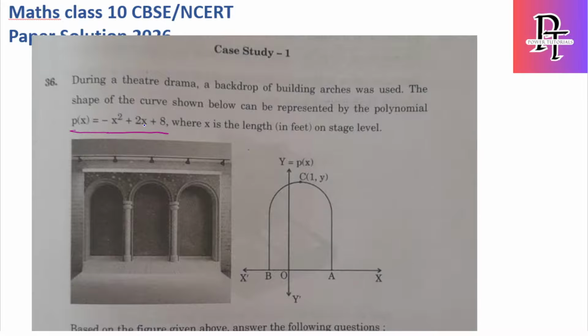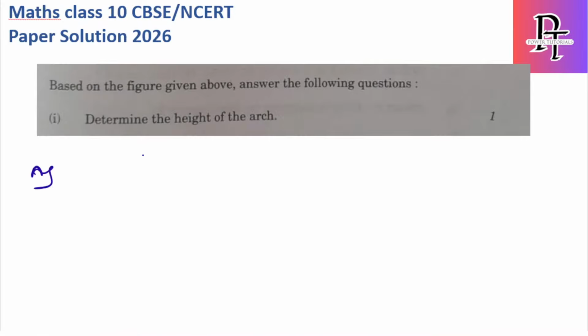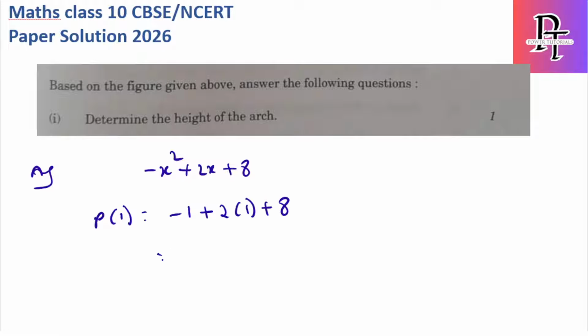Okay, so minus x square plus 2x plus 8. So now what I will do, I'll simply substitute p of 1. So it becomes minus 1 whole square, which is minus 1, plus 2 into 1 plus 8. So this becomes minus 1 plus 2 plus 8, 10 minus 1, which is 9.